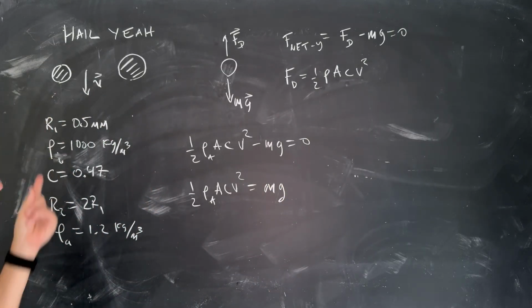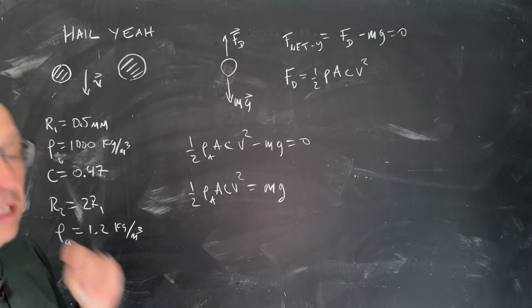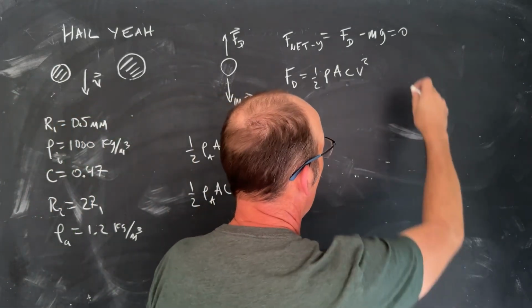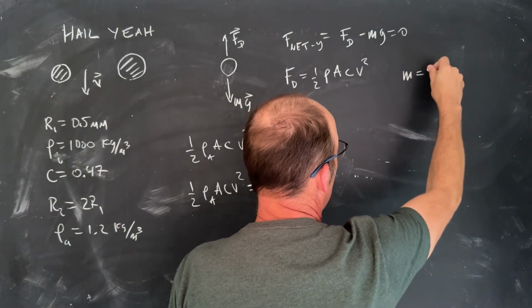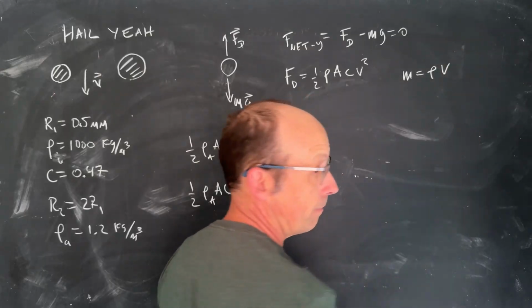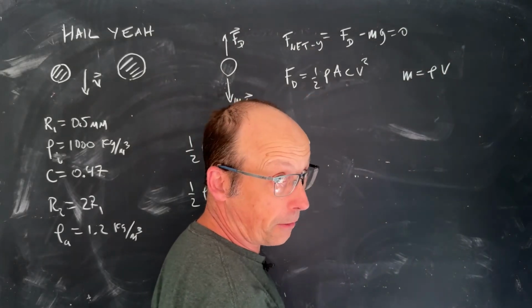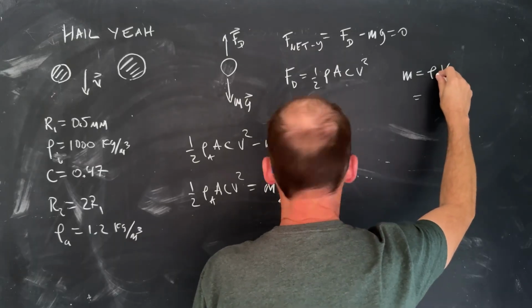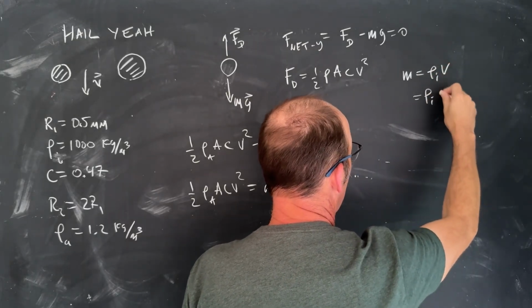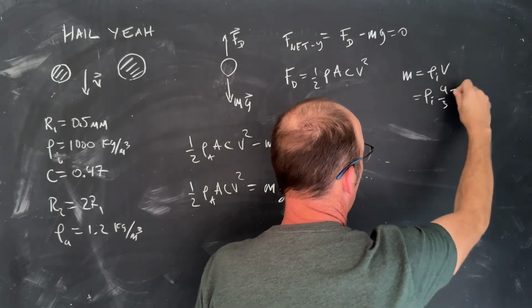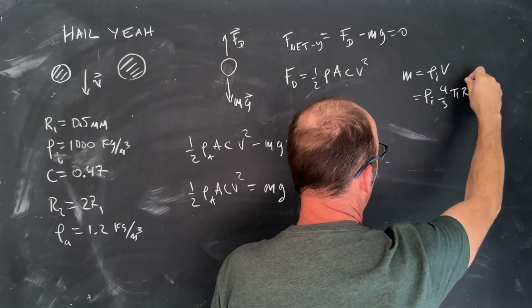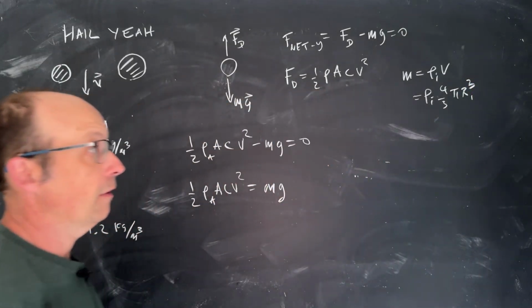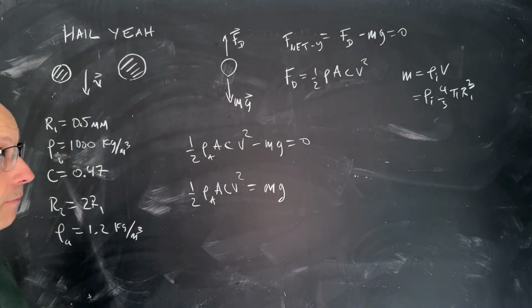So the mass of the hail depends on the density of the hail. So mass is going to be the density times the volume. But the volume, it's a sphere. And the volume of the sphere is, this is ice, rho I times 4/3 pi r1 cubed. That's the volume of a sphere.